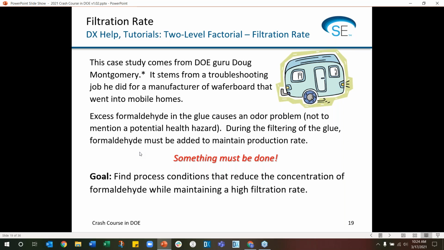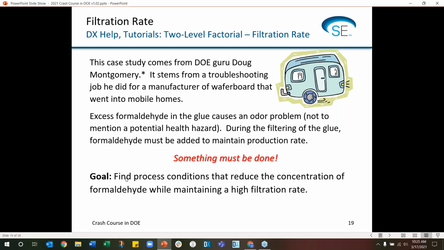Now, this was done back in the 1970s, and at that time, in their process of using a glue, they used formaldehyde in the glue, which today we realize is not really a good product to use, but they used it to help with the filtering of the glue. It made it flow better and faster, but it also smelled bad.